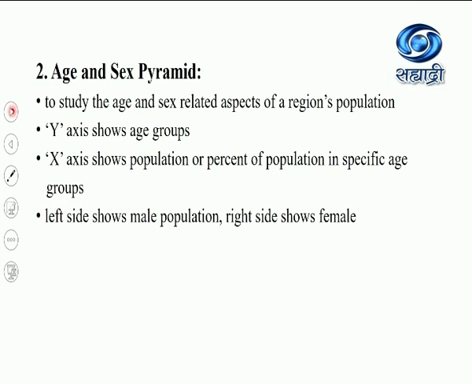Another way to study population is the age and sex pyramid. To study the age and sex related aspects of a region's population, we use a pyramid. The y-axis of the pyramid shows the age group. The x-axis shows the population or percentage of population in a specific group. The left side always shows the male population and the right side always shows the female population.